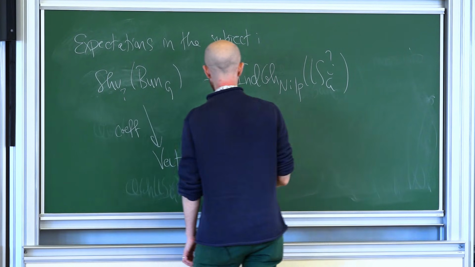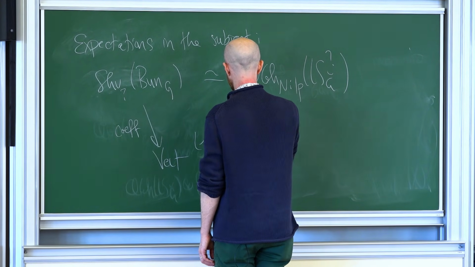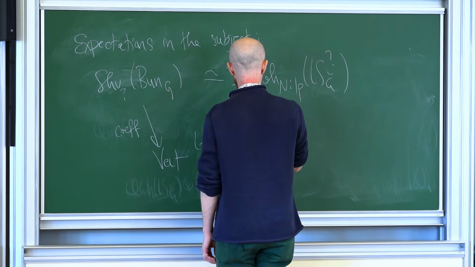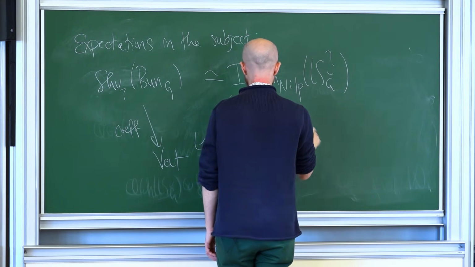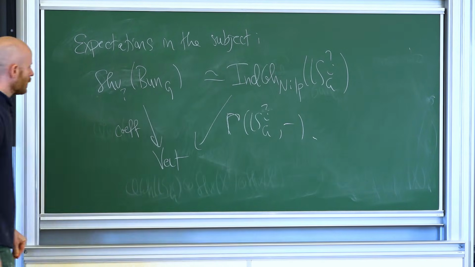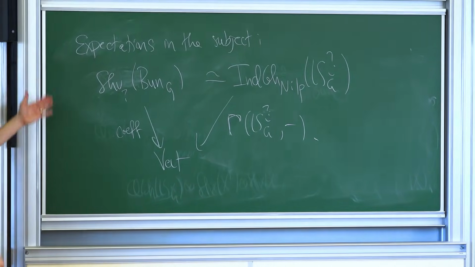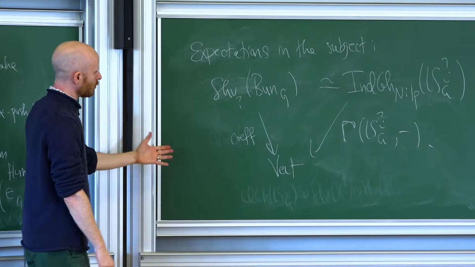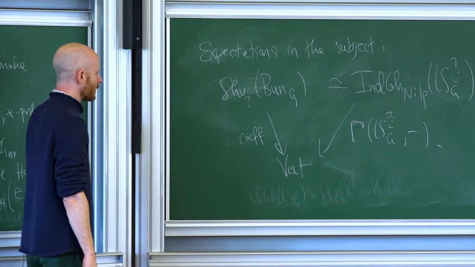And this is supposed to correspond to the global sections of the locus over here. This is what people call the Whittaker normalization of geometric Langlands.